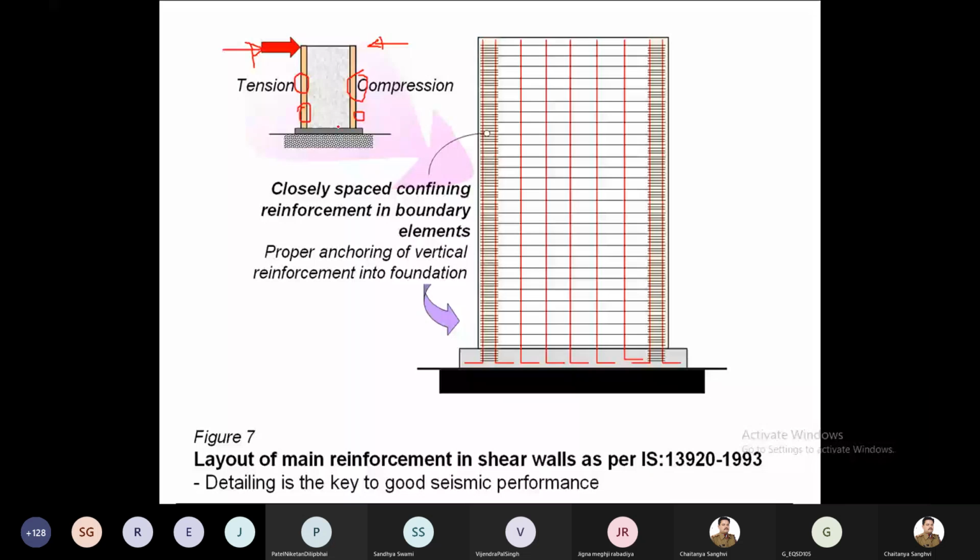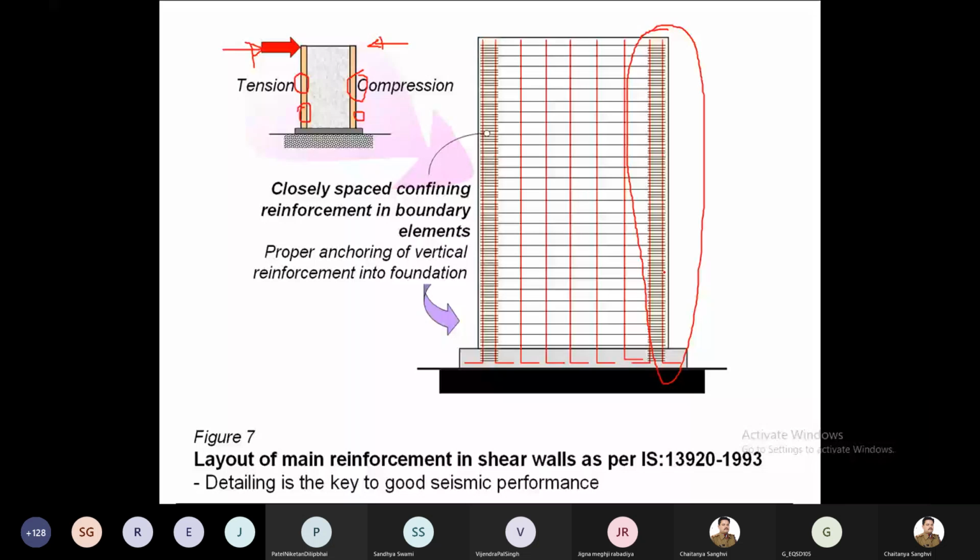To resist the compression force, because compression is maximum at the end of a shear wall, what exactly we need is to provide a boundary element here, or you have to place the shear wall between the columns. Columns have a larger section, and therefore they will resist the axial force because of the lateral force in a nice manner. So this is the detailing of the shear wall, and this is very easy.